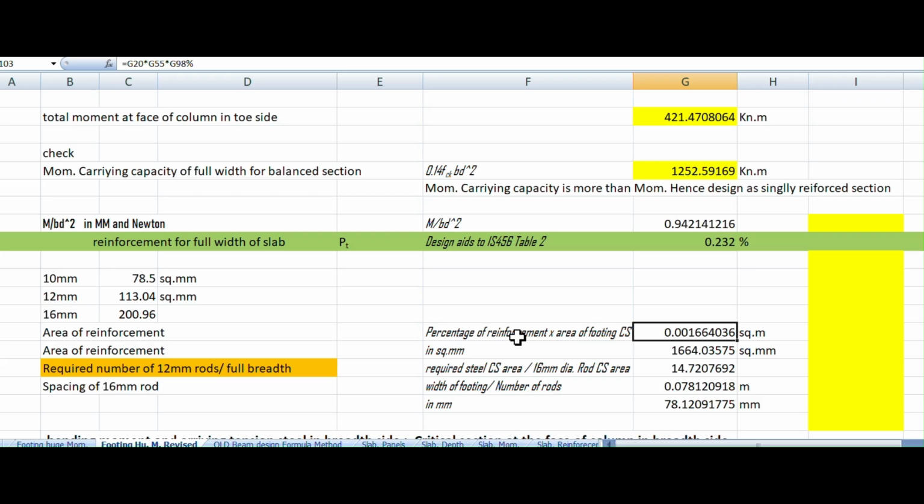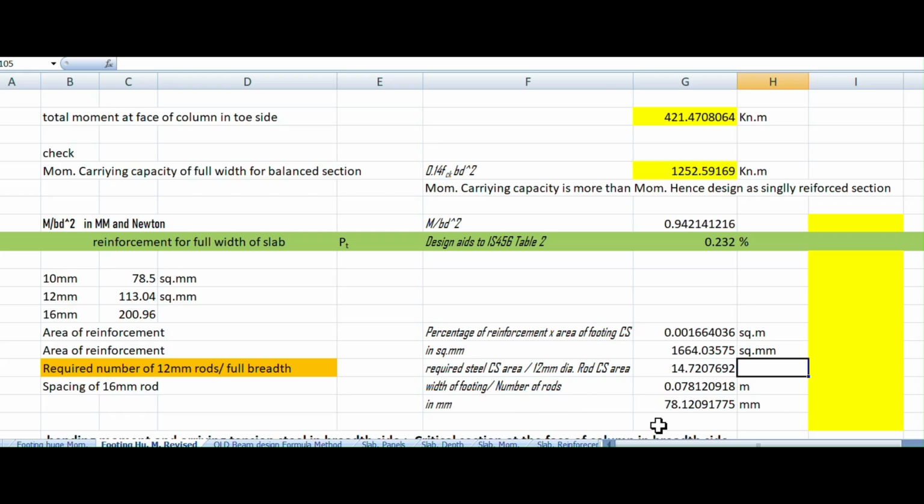The area of footing into percentage of reinforcement is this much square meter, this is into square mm. The required steel cross-sectional area, for 12 mm, the number of rods is 14.72.